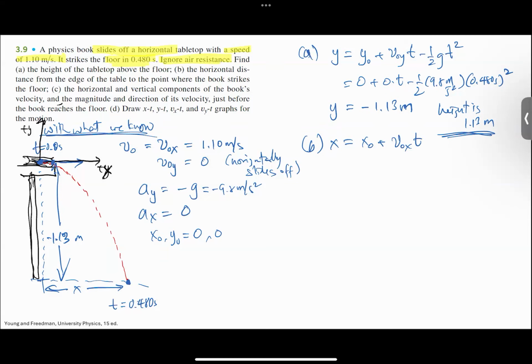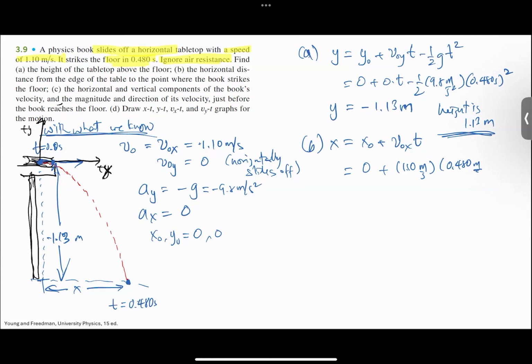Okay, so alam natin na pag projectile motion, if the object is undergoing projectile motion, then this is the expression for the displacement. Okay, so this is equal to 0 plus v naught x. Okay, so positive siya kasi dinefine natin yung positive x to be along the right, pointing to the right. So 1.10 meters per second, and then time is 0.480 meters.